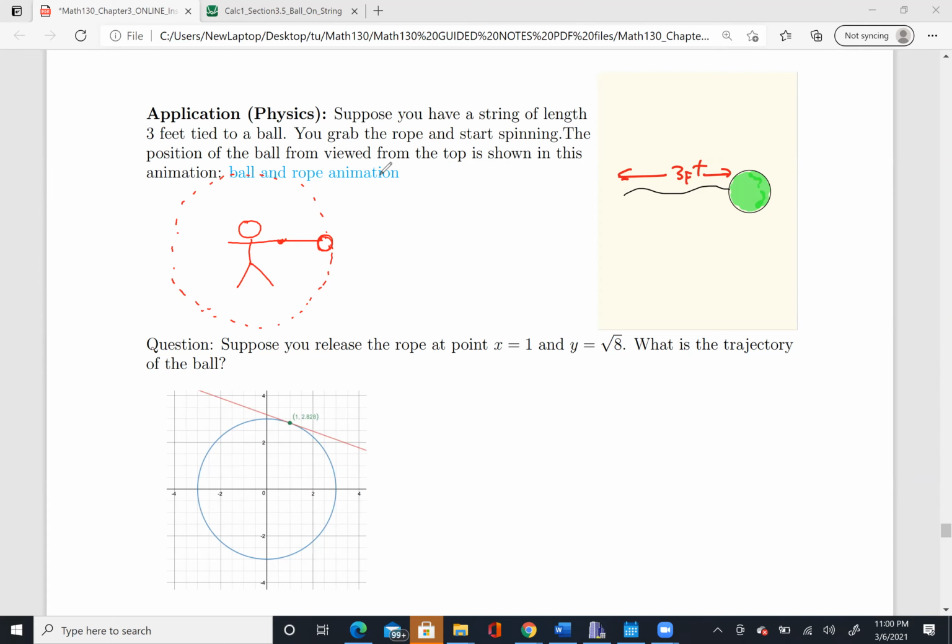And the question is, suppose you release the rope at the point x equal to 1 and y equal to square root of 8. What is the trajectory of the ball?